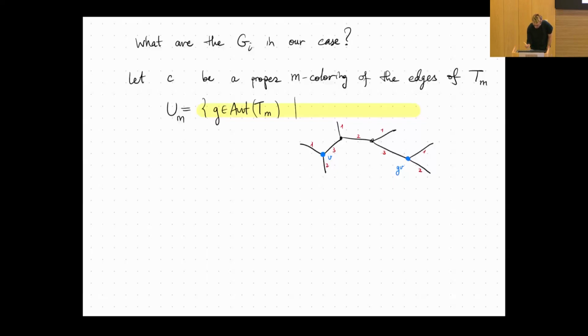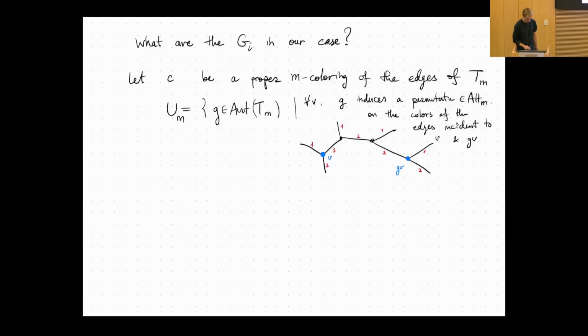What I want to say is that for all v, we'll assume that g induces a permutation in Alt(M), the alternating group, on the colors of the edges incident to v and gv.